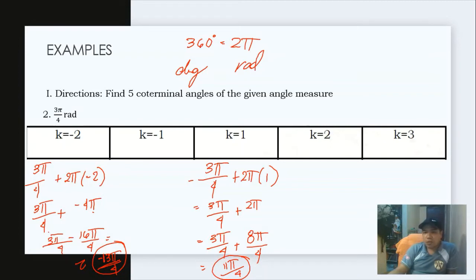If k is equal to 3, so 3 pi over 4 plus 2 pi times 3, so this will give us 6 pi. 3 pi over 4 plus 6 pi, 24. So 3 pi over 4 plus 24 pi over 4, 27 pi over 4. Yan. So those are the coterminal angles na meron tayo.